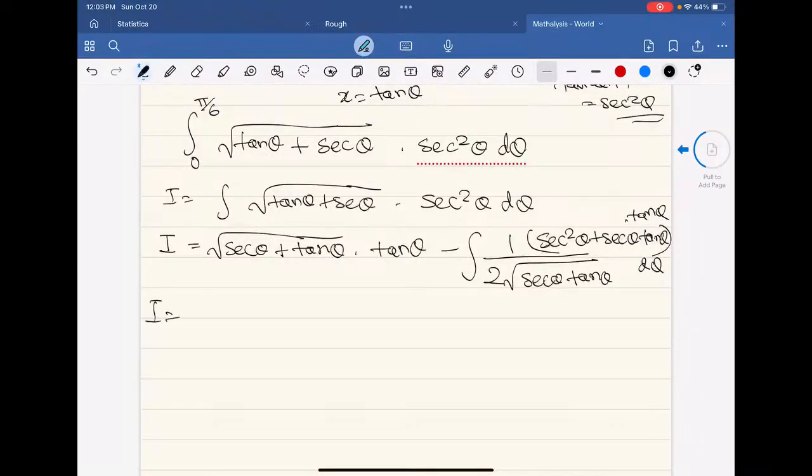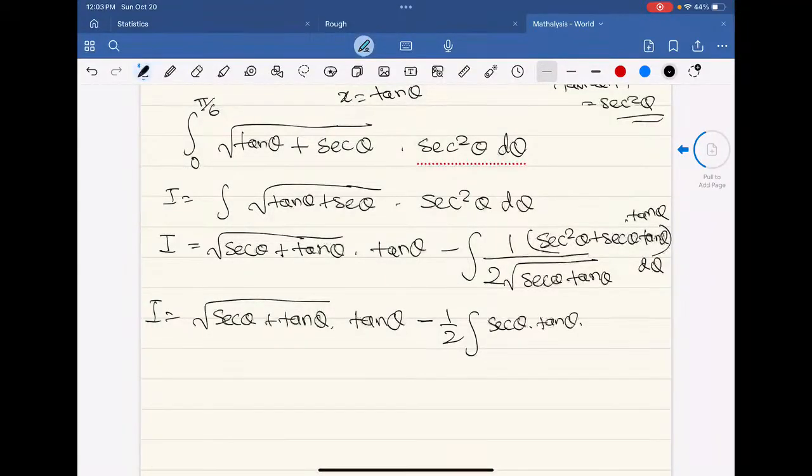Now I will have the integral of square root of sec theta plus tan theta times tan theta minus half of the integral of, now if I take sec theta common, sec theta tan theta, and then this is again sec theta plus tan theta, right, sec theta plus tan theta divided by the square root of sec theta plus tan theta.